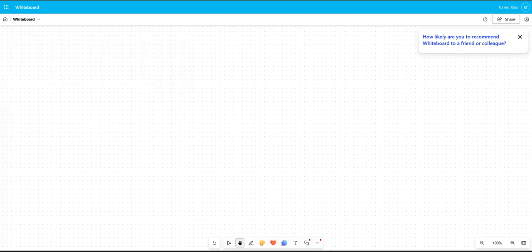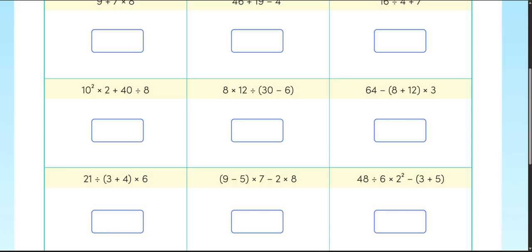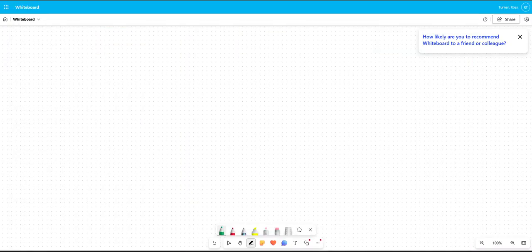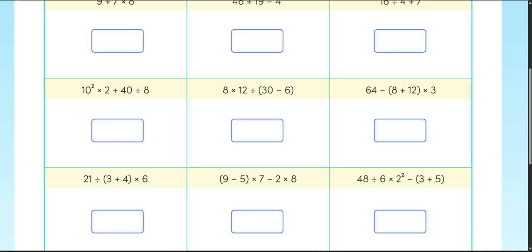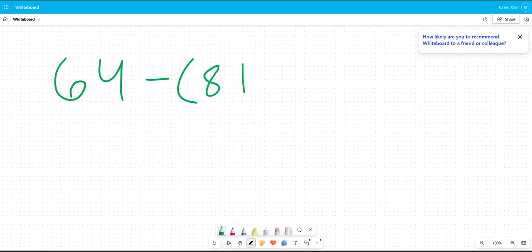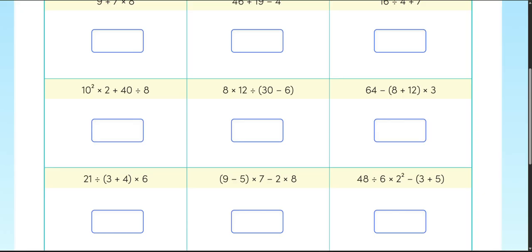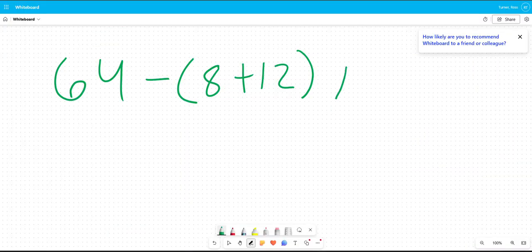We're going to clear our whiteboard, per se, which just means we're going to move everything over. 64 minus open parentheses 8 plus 12 close parentheses times 3.